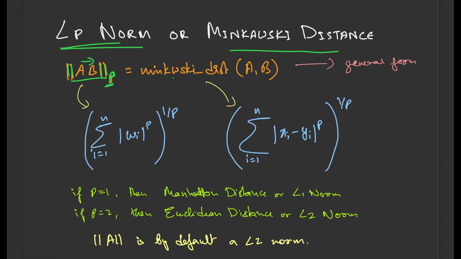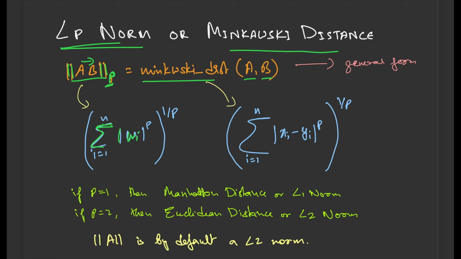Anyway, let's look into the Minkowski distance or the LP norm as well, just for completeness. So this LP norm is equals to Minkowski distance between point A and point B. Okay, this is generalization of all the norms and all the distances. So the formula for LP norm is you take the summation of absolute value of wi, summation of i equals 1 to n.